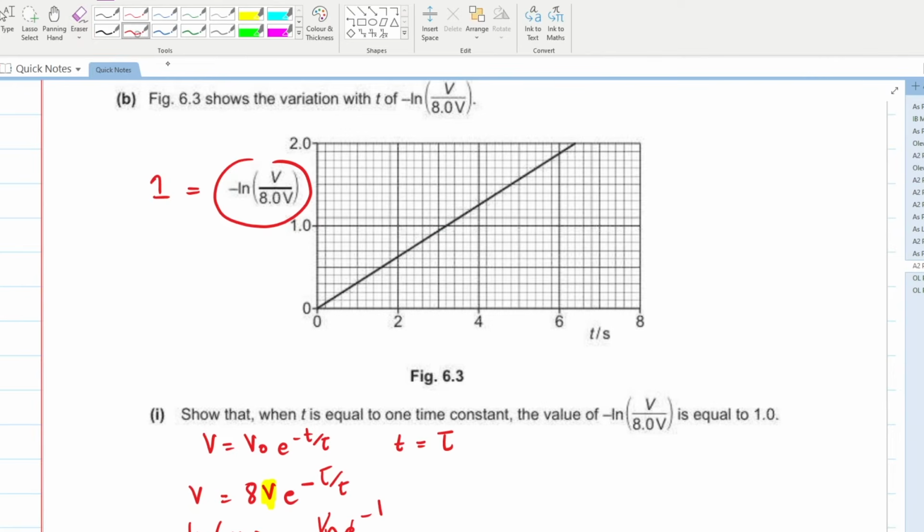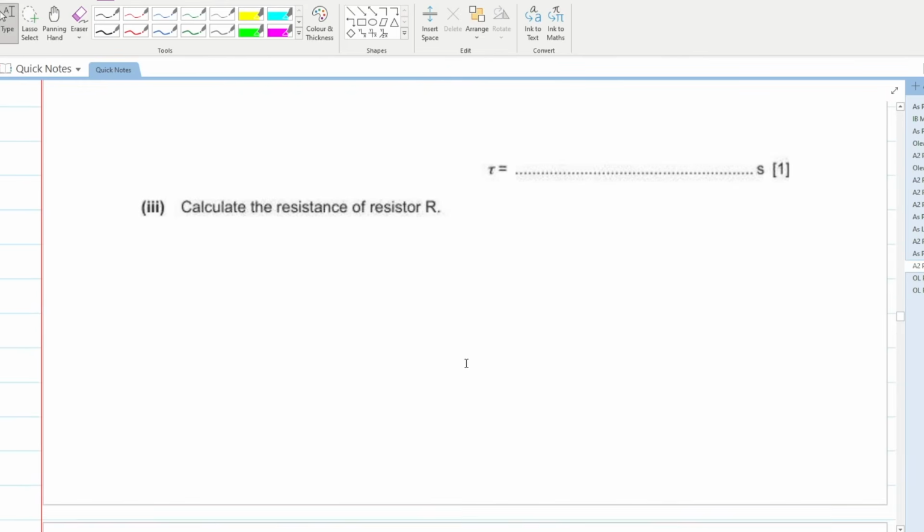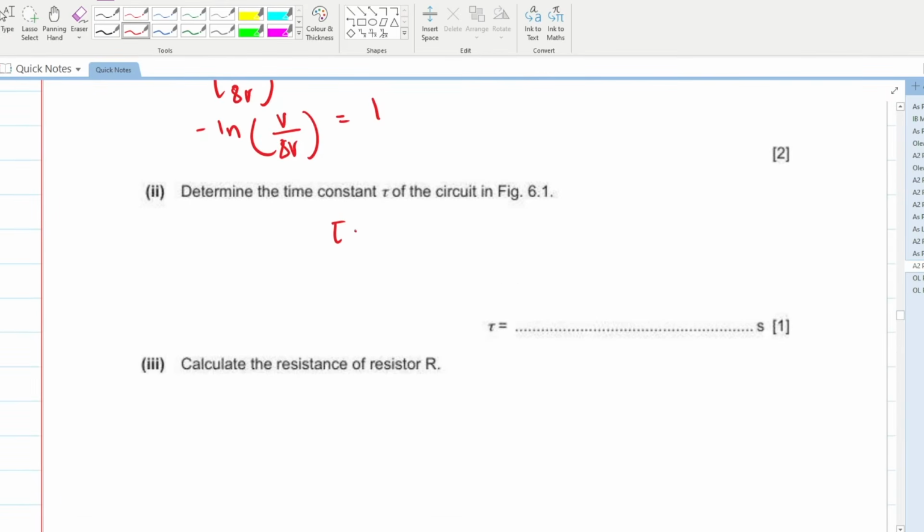So I take this value as 1 and calculate the value of time. Let's say this comes out to be 3.2. Why did I apply this procedure? I know when minus ln V divided by 8 V is equal to 1, my time will be equal to tau. So I took the value 1 for minus ln V divided by 8 V and read the time there. This time will be equal to the time constant. A very easy and simple way. We just used a little thought, nothing more.